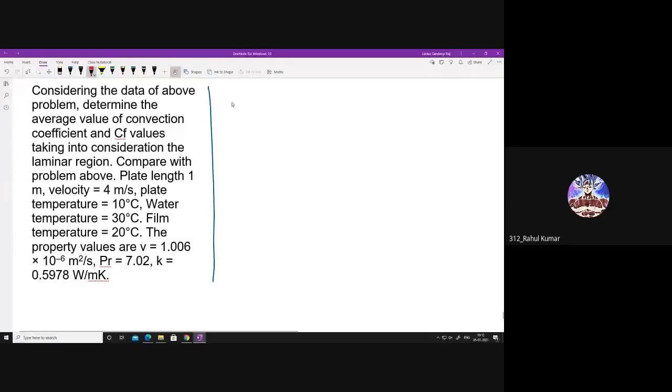Sir, if you take Re as a critical Reynolds number and find out in reverse, we get Re_c, at which the flow turns laminar to turbulent. So at Re_c, the flow will turn from the laminar to the turbulent flow.